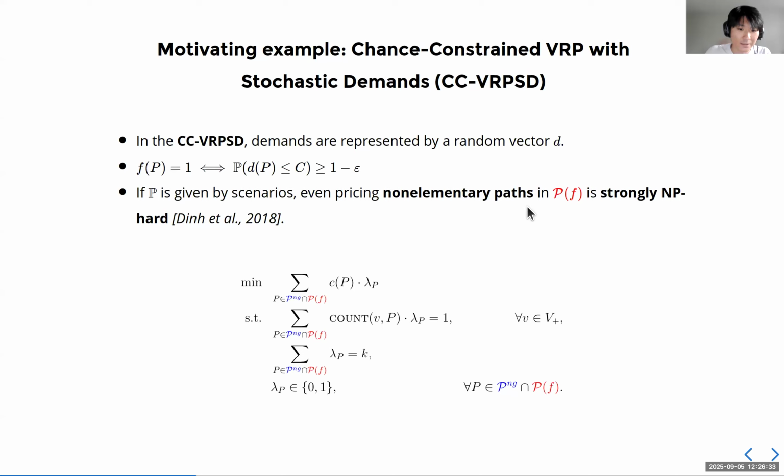What this means is that the previous trick I showed will not work here, because even without this blue set, just solving the pricing problem over PF is already too hard for me to do. In fact, the formulation they use in that work is what motivates our work here.